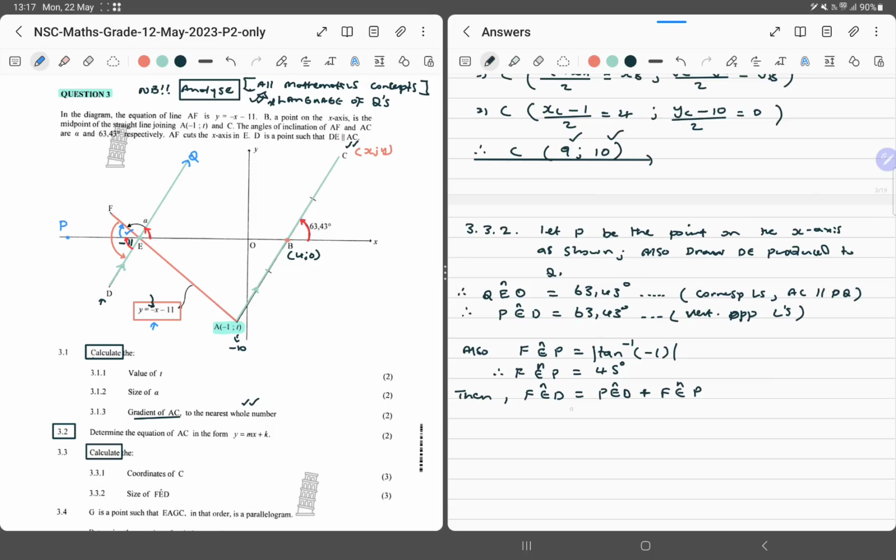It's obvious, there's no need to be fancy, you can just say see diagram. Now we worked out PED is 63,43 degrees plus now 45 degrees. So we've got 63,43 plus 45. We're getting 108,43 degrees.